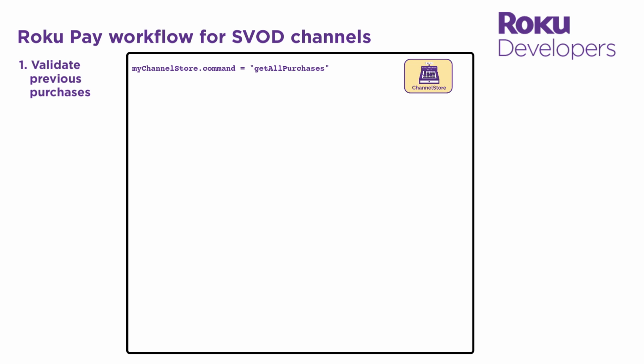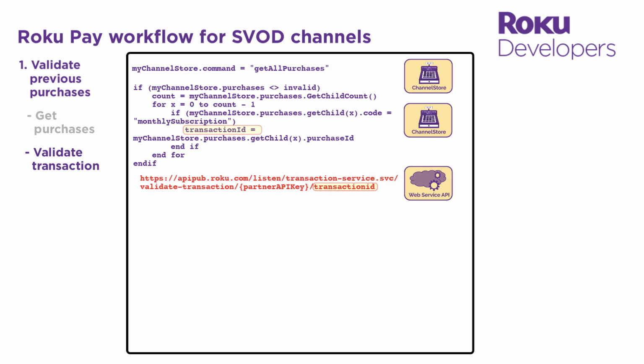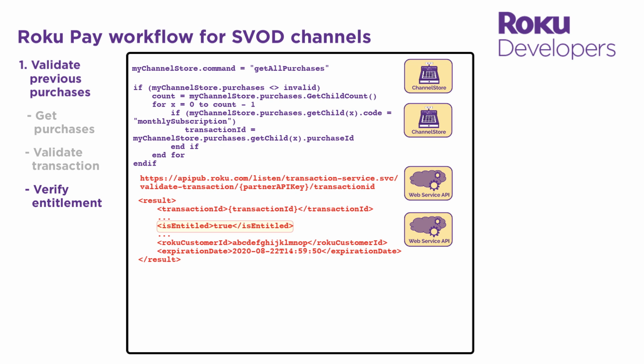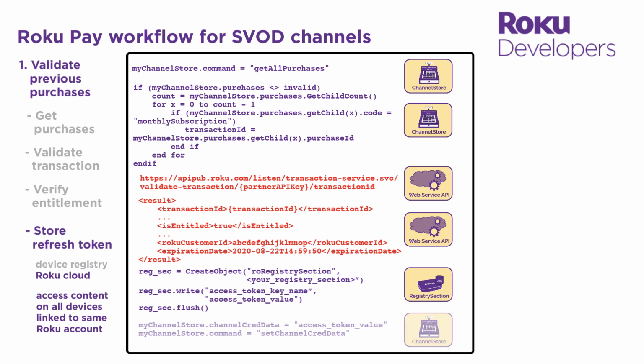For production channels, this involves getting the transaction ID returned from a Get Purchases ChannelStore API call, passing it into the Validate Transaction Roku Web Service API call, and verifying that the isEntitled flag is set to true. If the isEntitled flag is set to true, a refresh token is stored in the device registry and in the Roku cloud. Storing an access token in the cloud enables customers to access the content in an SVOD channel on a different Roku device that is linked to their same Roku account.